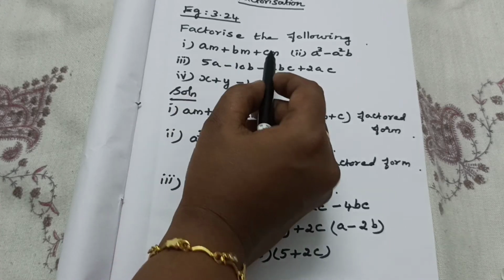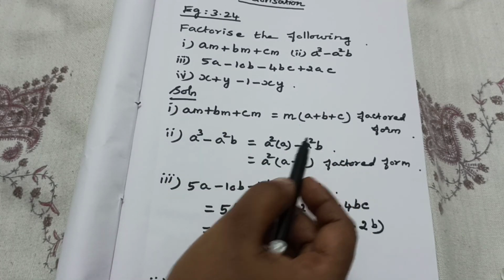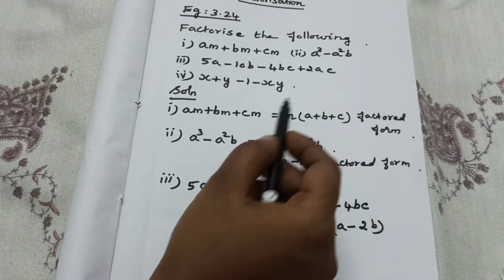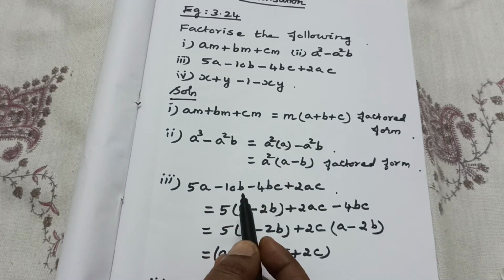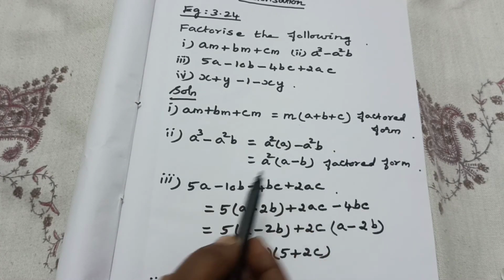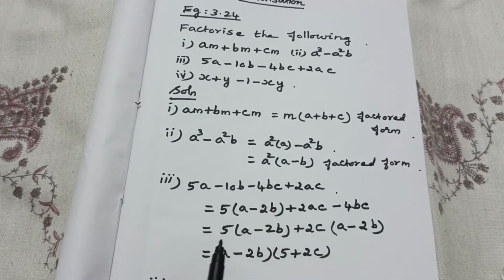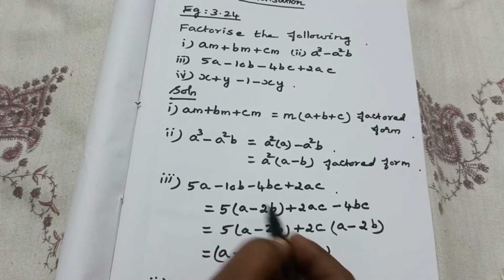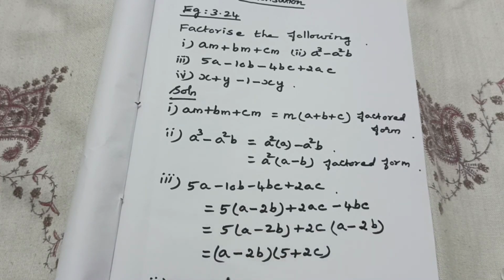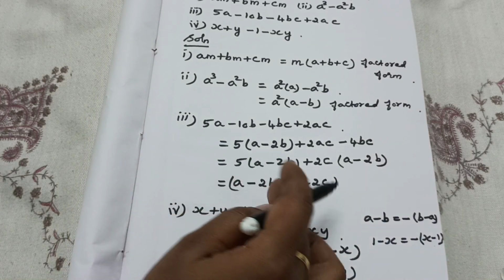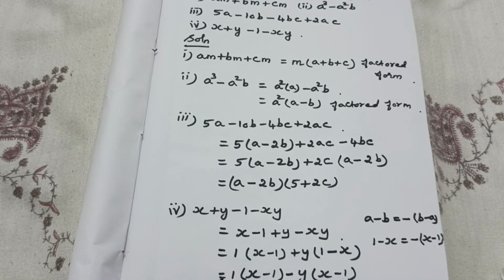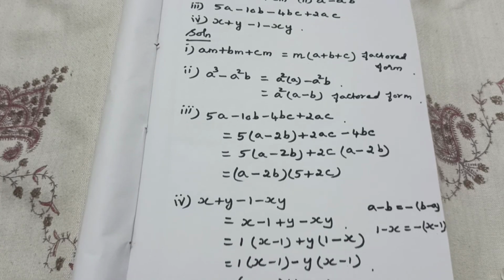Okay, here which is common you take outside and you find out this is the factorized form. Okay, from here also common we took outside, but here group form is given, which means by group method you should take two terms and take the common outside and find the factors. Okay, and two factors we will get. Any doubt? Here also like that.